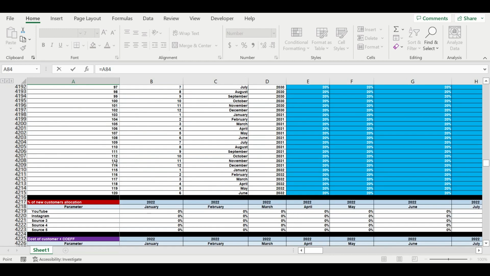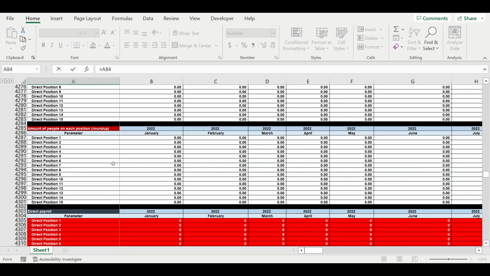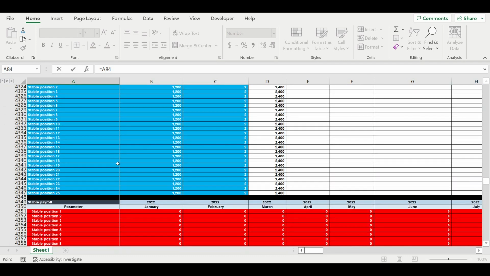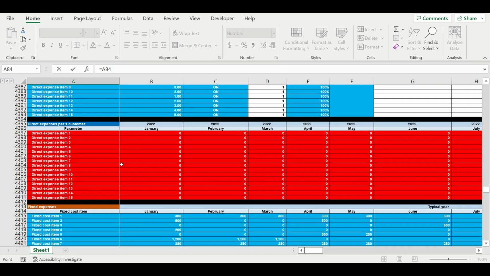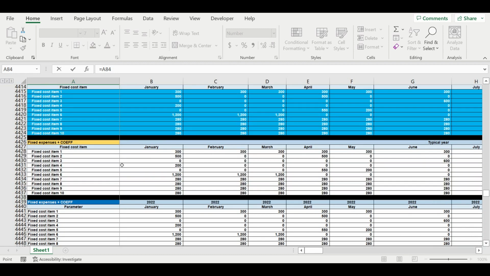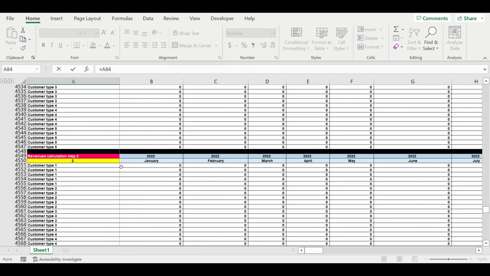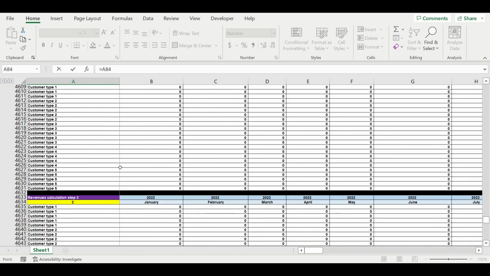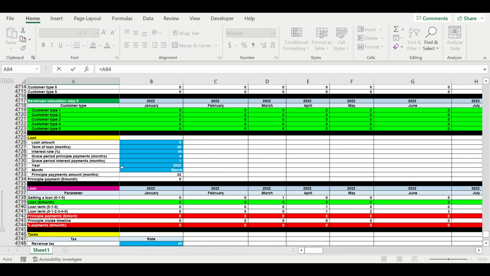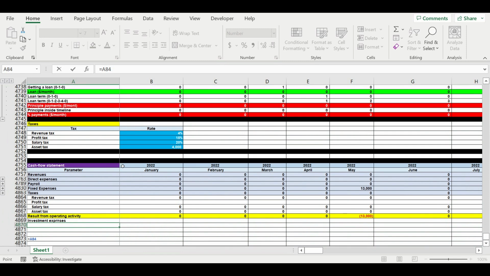Let me just double check. So we don't have any extra investment plans here. Stable, direct expenses, fixed. No, we don't have.